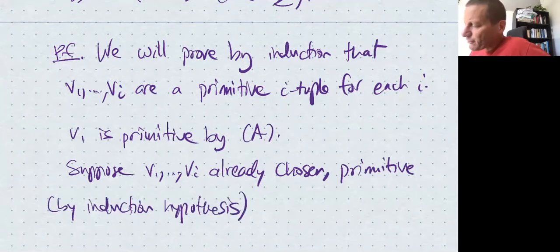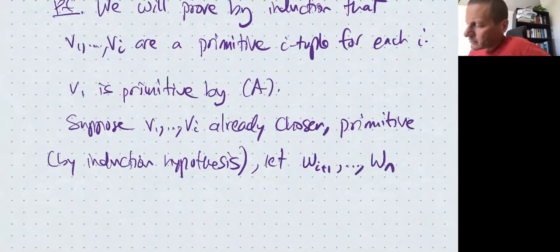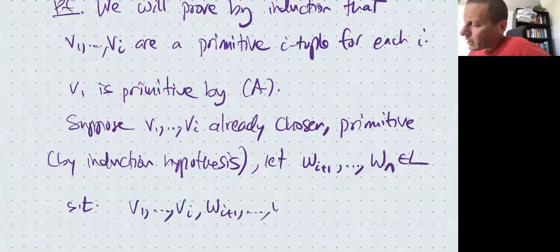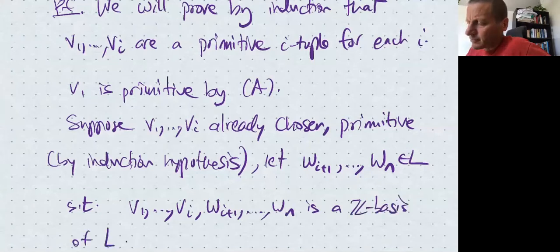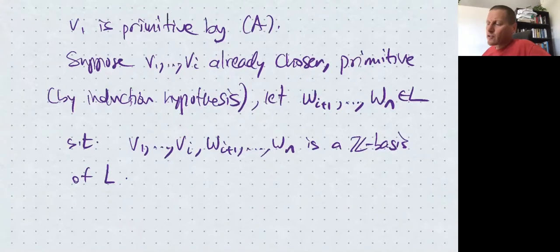And since they're primitive, I can complete them to a basis, and I'm calling the vectors that are needed to complete them w_{i+1} up to w_n. This is what it means to be primitive, so such a basis exists.